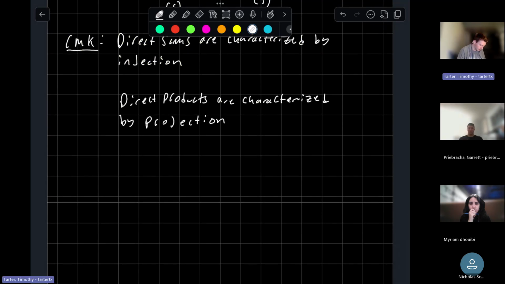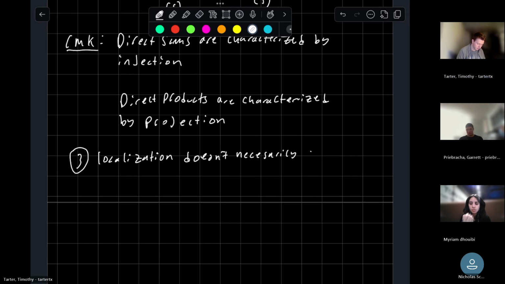And then localization. So the third proposition is that localization doesn't necessarily commute with infinite products.